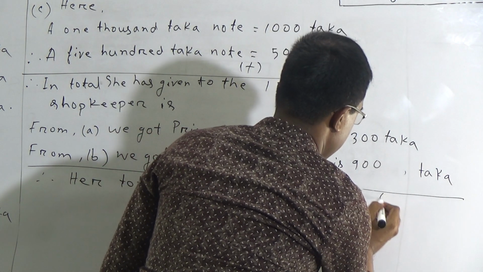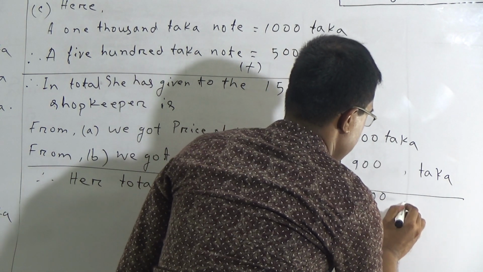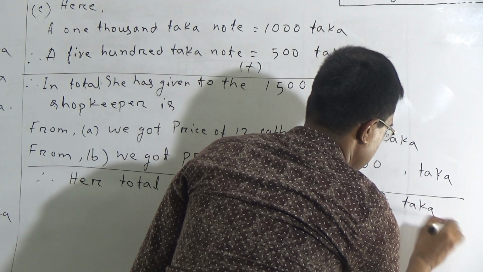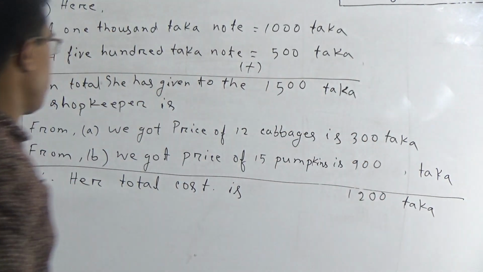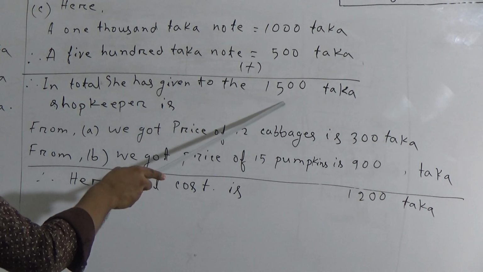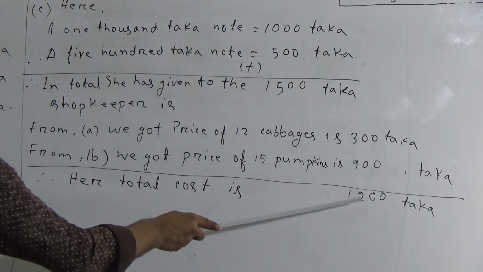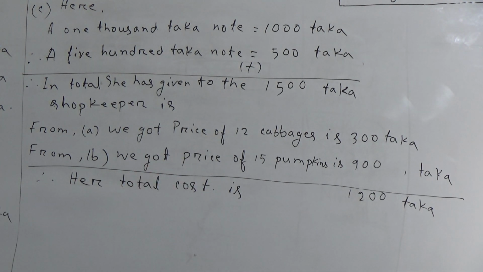Now 0 plus 0 equal to 0, again 0 plus 0 equal to 0, and 9 plus 3 is equal to 12. So her total cost is 1200 taka, and she has given to the shopkeeper 1500 taka. Now we have to subtract this 1200 from 1500, then you can easily get how much taka she will get back from the shopkeeper.